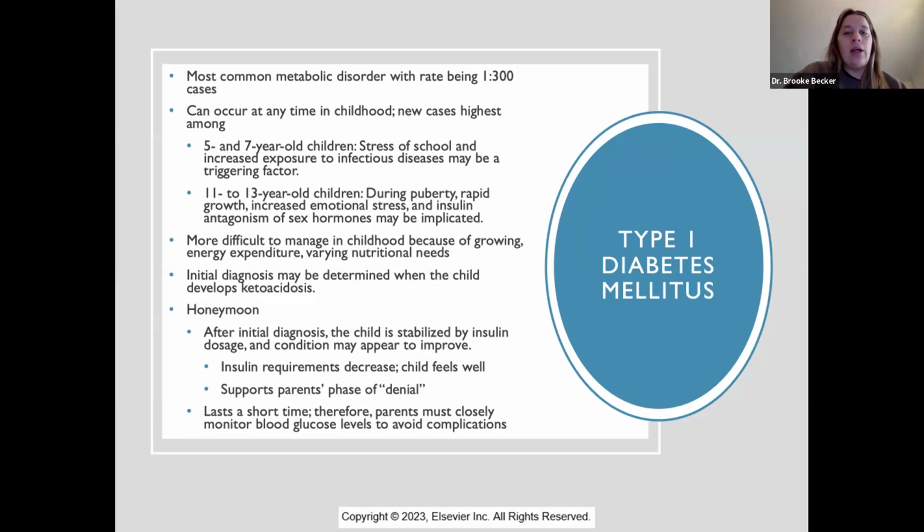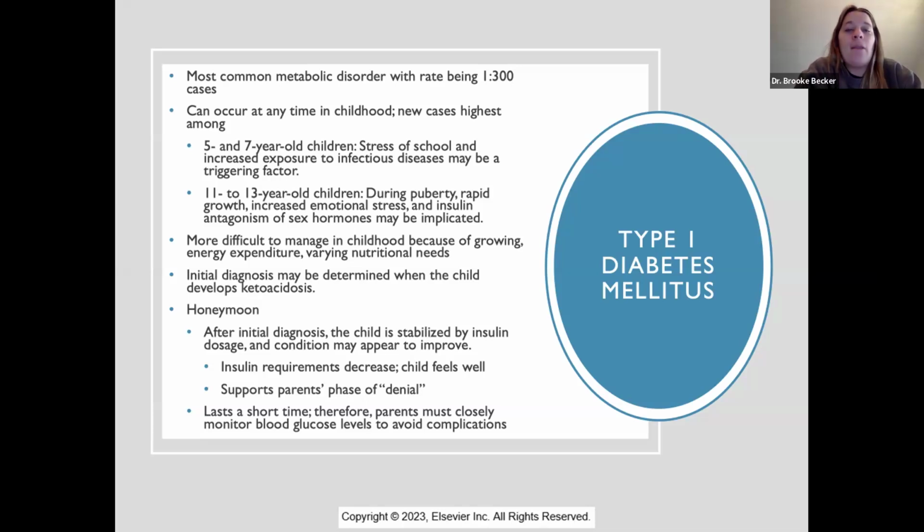Their insulin is working with their sex hormones, so that can throw things off and kids wind up getting a type 1 diabetes diagnosis during those age groups. It's hard to manage type 1 diabetes during childhood because of the energy that's expended by these kids. There are different nutritional needs, obviously, based on age and growth.